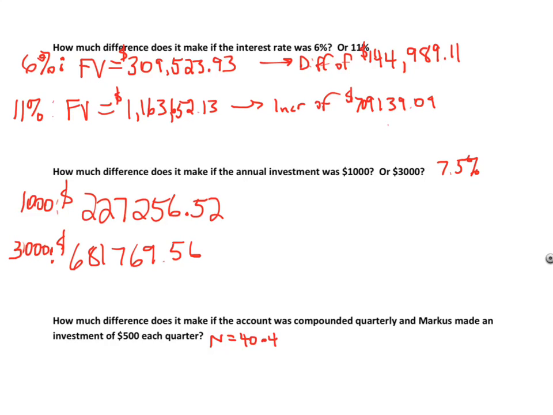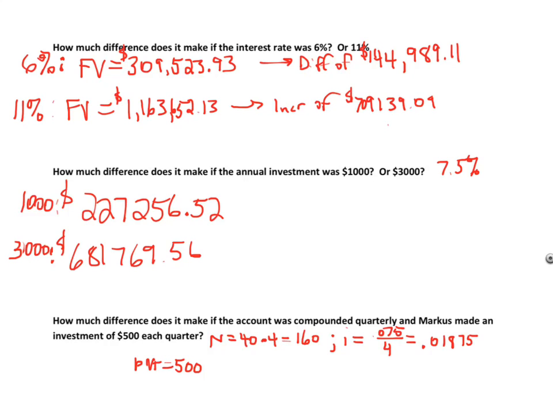All right, well, instead of having 40 compounding periods now, since it was 40 years, we're going to do this 4 times a year. So 40 times 4 gives me 160 compounding periods. Our interest rate is not going to be 7.5%, but it's going to be 1/4 of that because it's the interest rate per compounding period, so it's 0.01875.